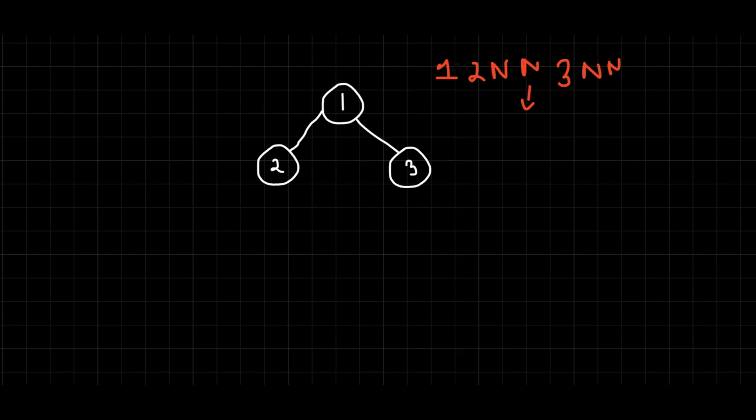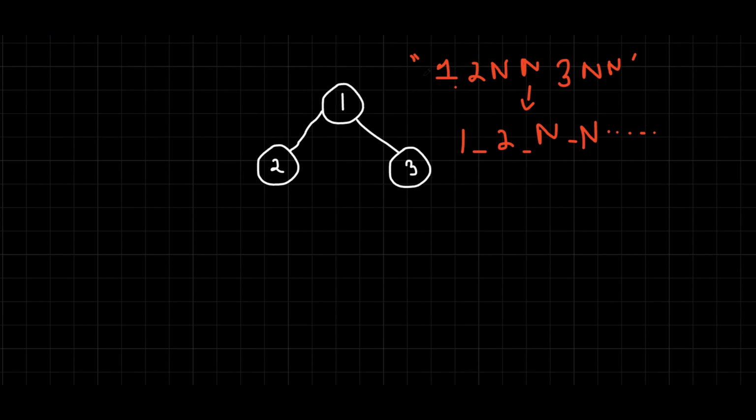Here, as this is a string, but before making this string, we have to ensure that for each character, there is a space between them. That means it will be 1, then a space, then 2, then a space, then n, then a space, then n, and so on.